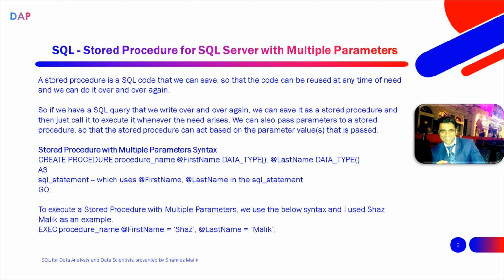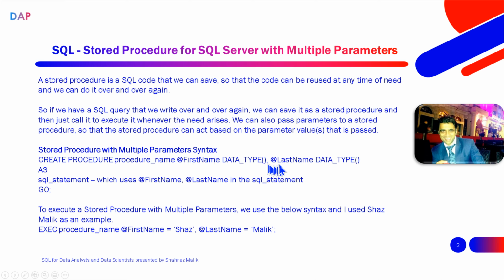Then let's continue. Here, the rest is the same; I have not changed much. The top lines are from lectures 42 and 43. Here, the syntax for a stored procedure with multiple parameters is simple: create procedure, the name, and that remains the same, with one parameter as first name. The data type also remains the same.